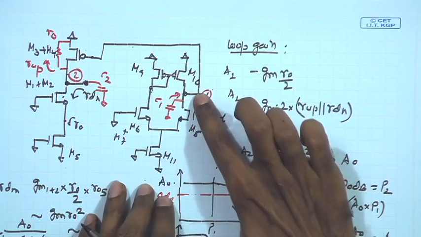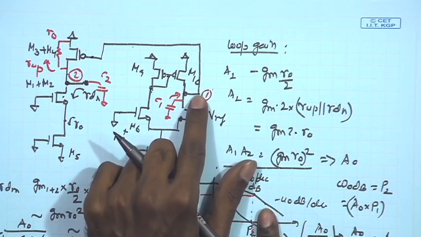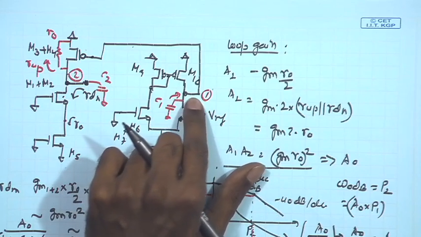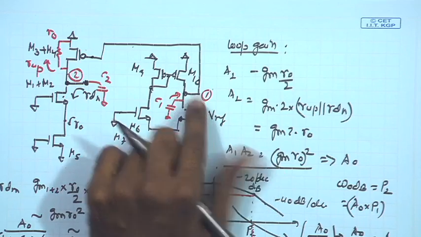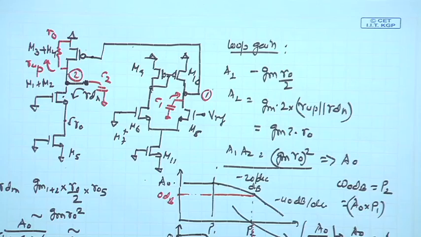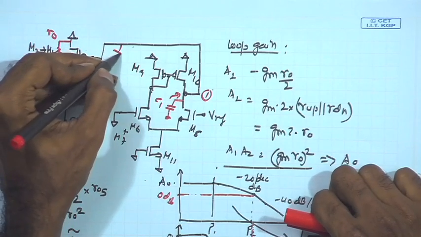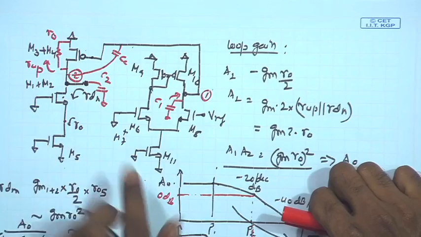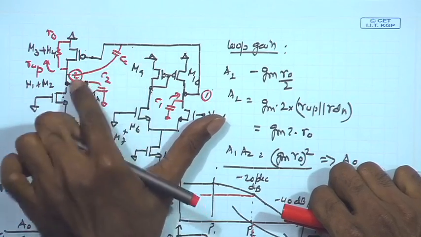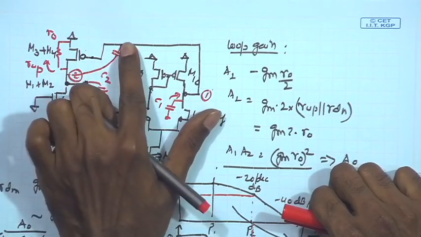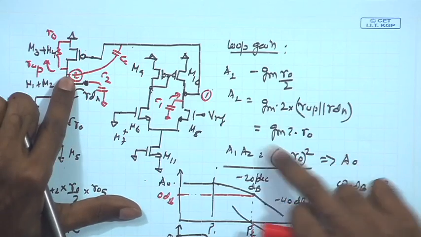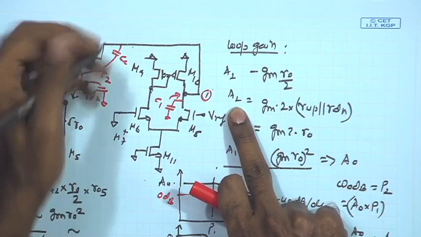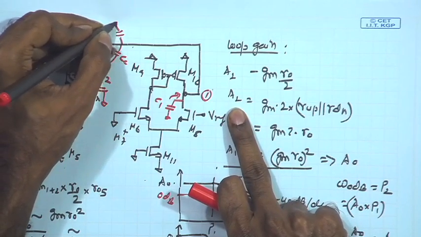So, in this particular open loop case, for example, if I want to push the node 1 to low frequency, I can imagine putting a compensation cap CC between node 1 and node 2, as a result of which we have an overall gain between this point and the output given by A2 that we have just written over here.